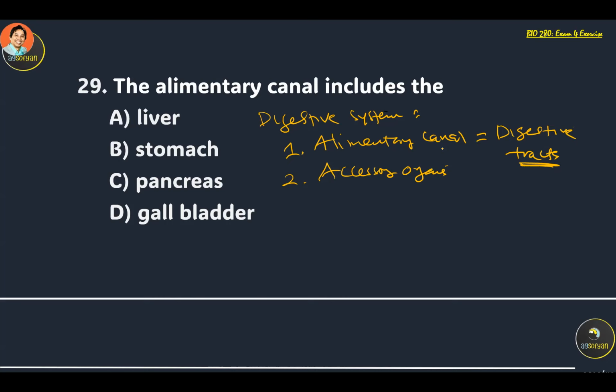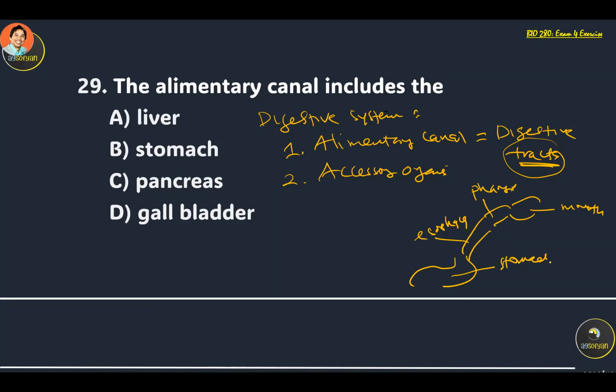The first one, the alimentary canal or the tract, is the organs making the track for the food, which starts from the mouth and goes to the pharynx, and then the esophagus, then stomach, and then small intestine, then large intestine, rectum, and finally anus. So these are the tract organs.